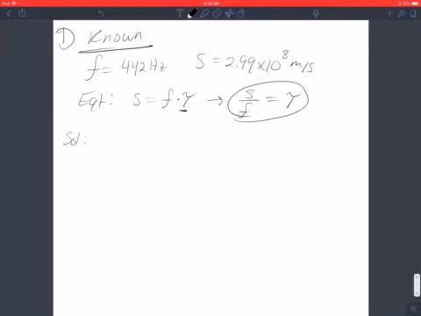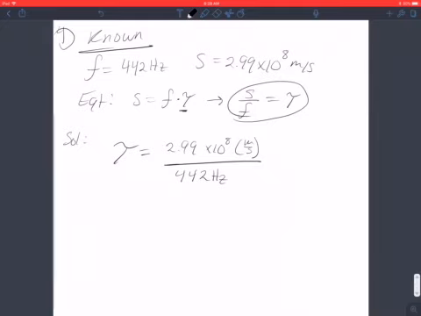Solution: we have wavelength equals our speed, which is 2.99 times 10 to the 8 meters per second, divided by 442 hertz, which, remember, we said 1 over second.